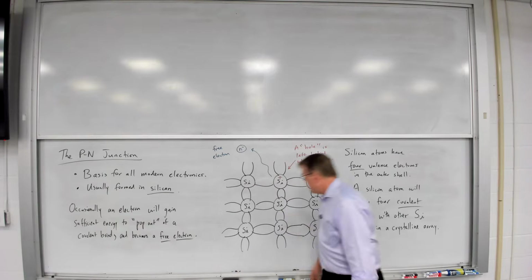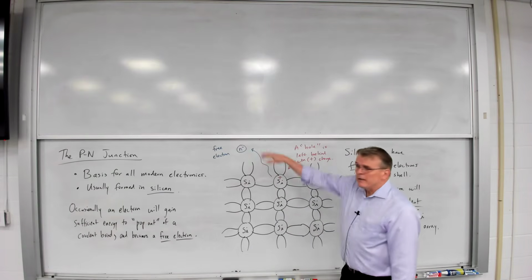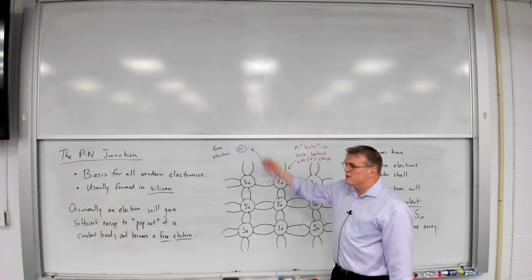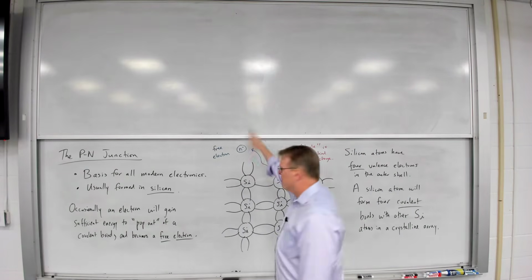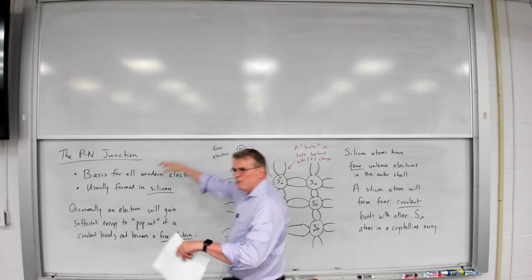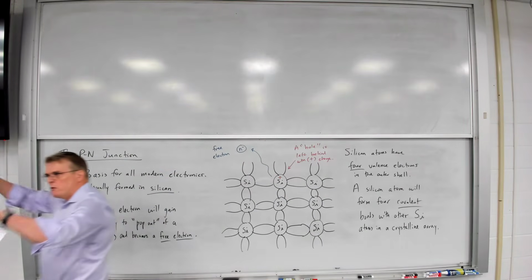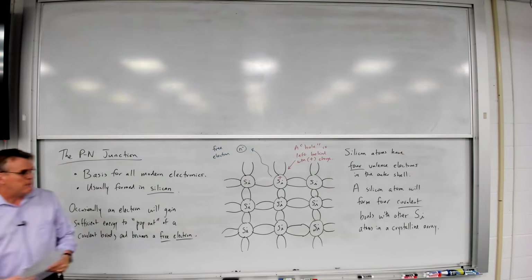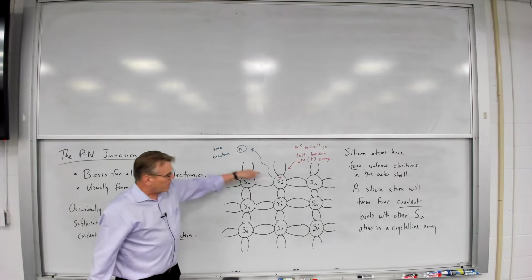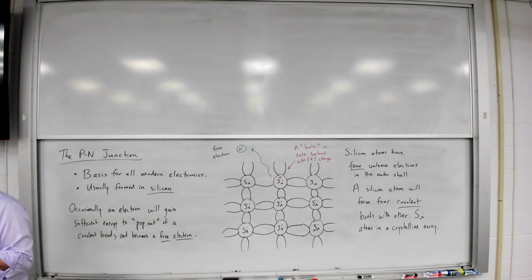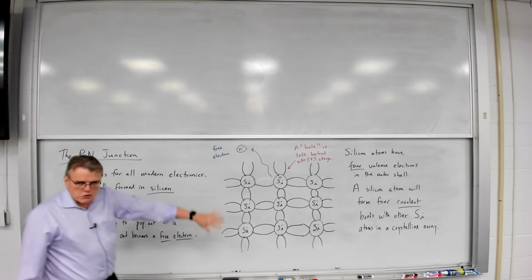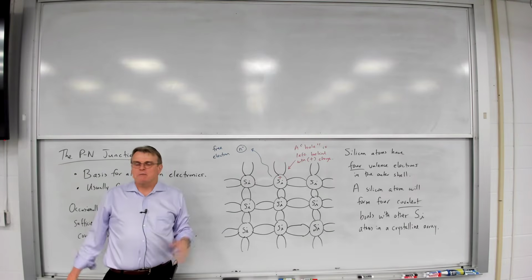Okay. Now, you'll have this happening all over the lattice. You'll have electrons gaining energy through thermal energy. They'll gain enough energy, they'll break loose, and then you'll have some free electrons always wandering through the lattice. And then from time to time, a free electron will be captured by a silicon atom and recombine again. So the net charge in the entire crystalline array never changes.